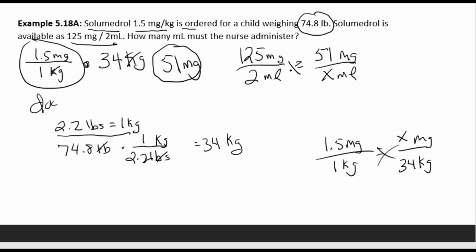And you're going to cross multiply. 125 times x equals 102. 2 times 51. Divide by 125. The number of milliliters is equal to 102 divided by 125, which is 0.816. I'm going to put 0.82 milliliters is how much must be administered.